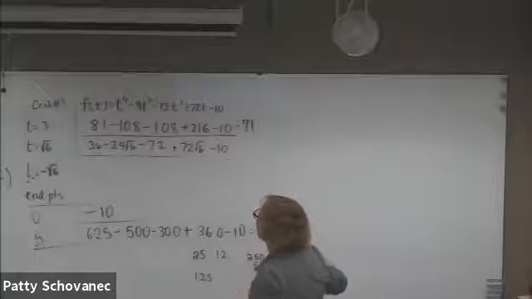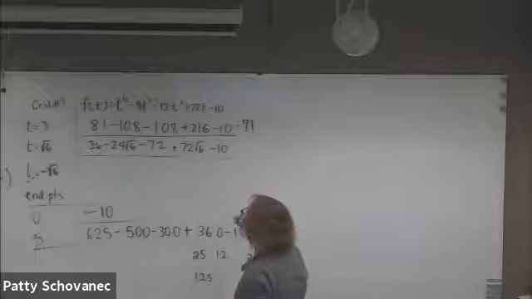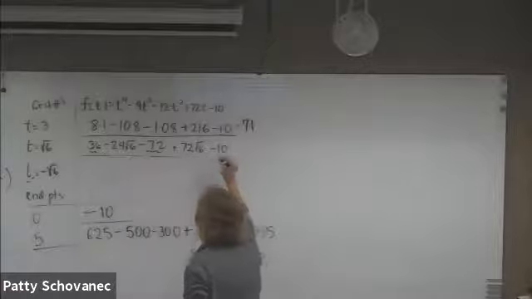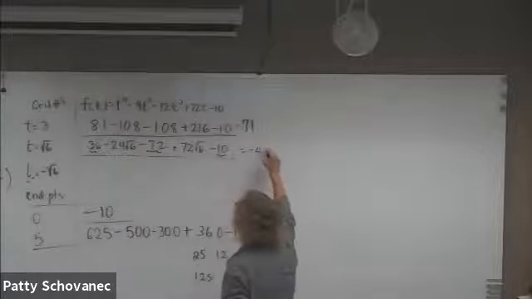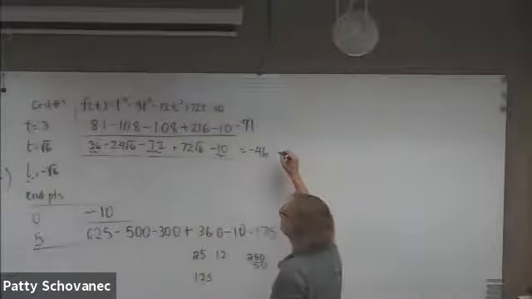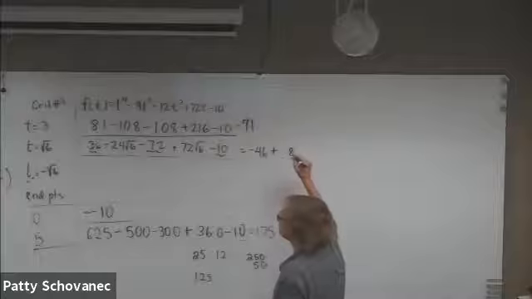Where am I looking? 36, 72, 10. How much is it? So that's negative 36, negative 46. And that's 72 minus 24 is 48 square root of 6.